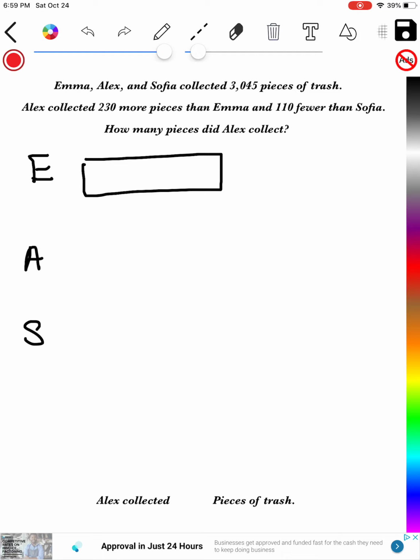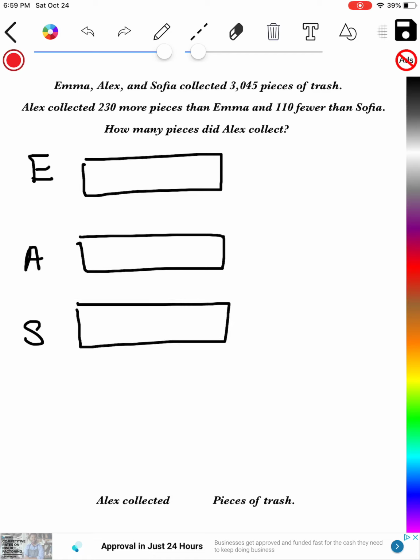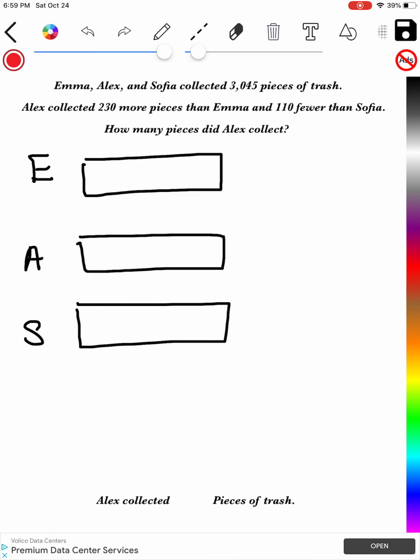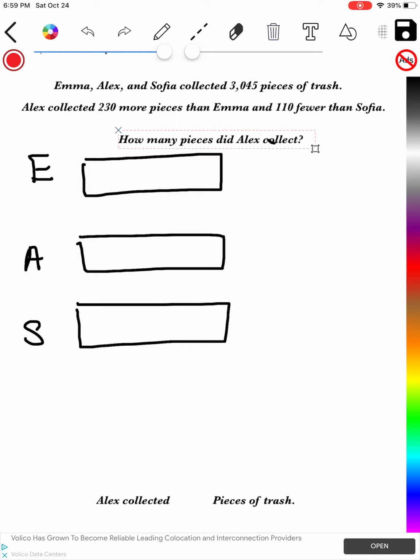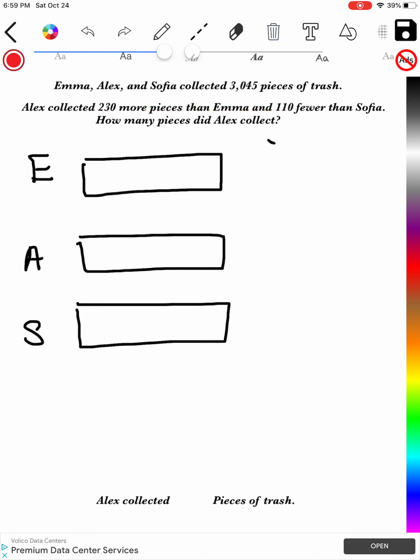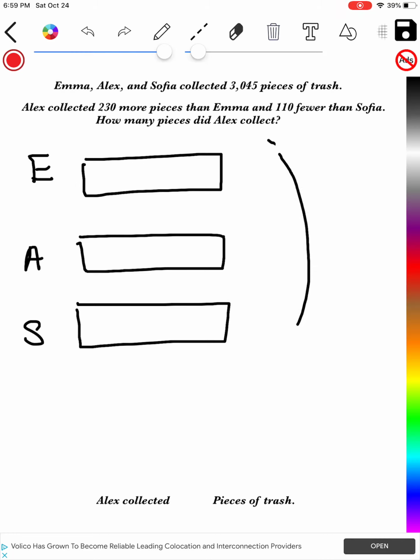I am going to go ahead and draw bars that are relatively the same size for now, because I don't know without moving on through the problem how much each one individually has collected. I do know that together though, they collected 3,045 pieces.